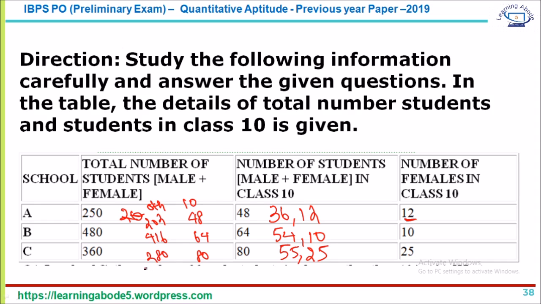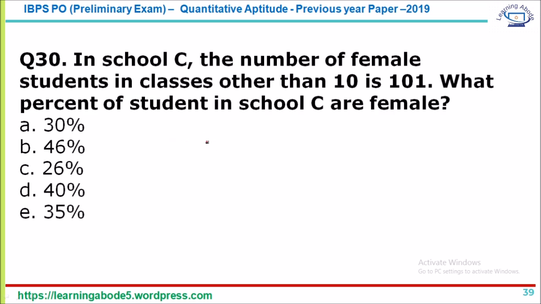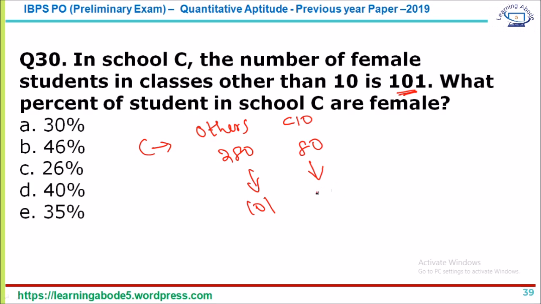So in school C, others are 280, and class 10 there are 80 students. And in this there are 101 female.